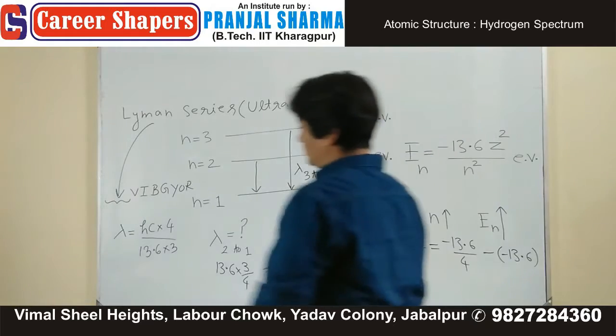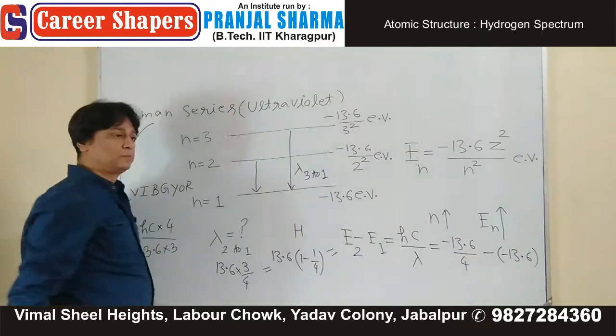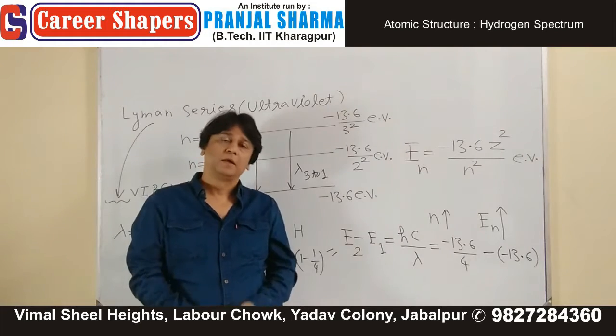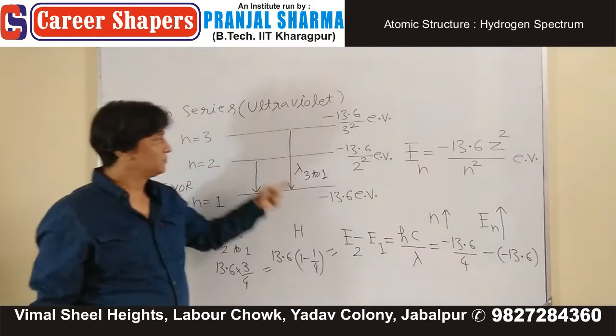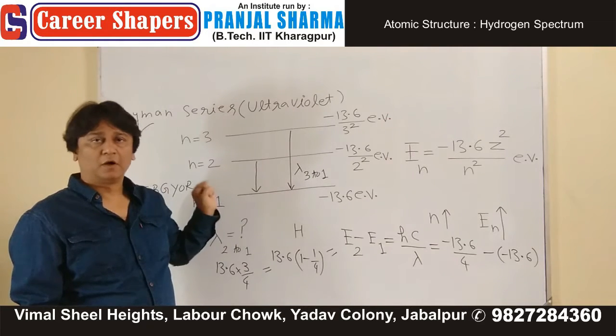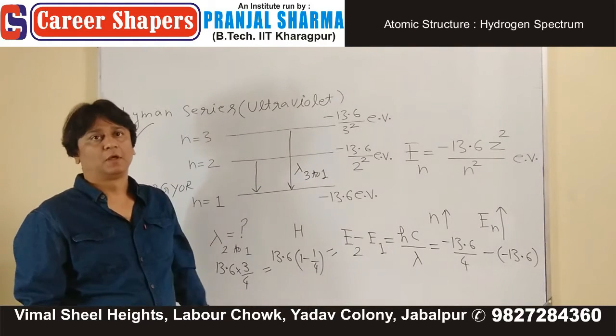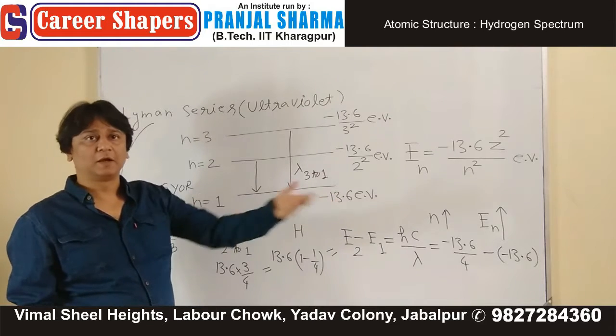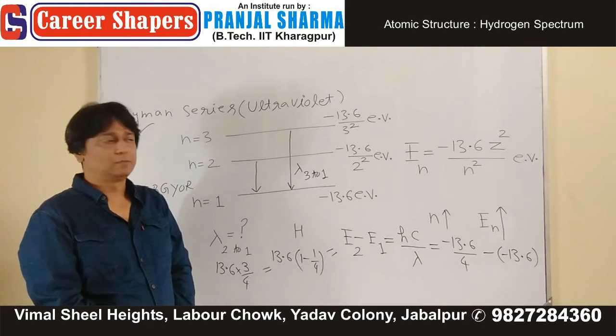Well, no response. Let me give you the hint. As the electron jumps from n equals 3 to n equals 1, a photon comes out. And if a photon comes out, then it has what? Linear momentum.